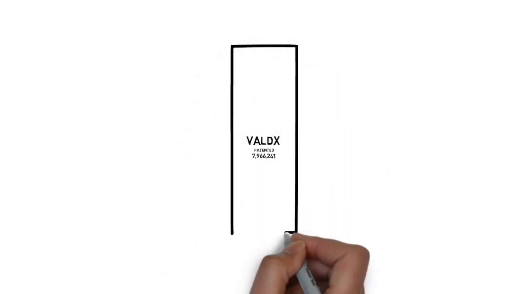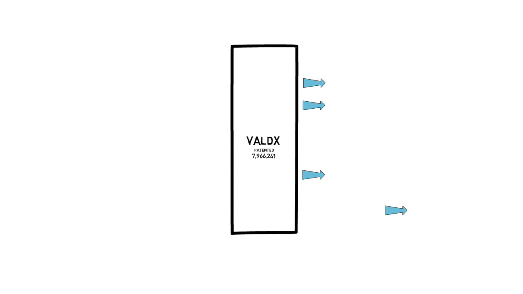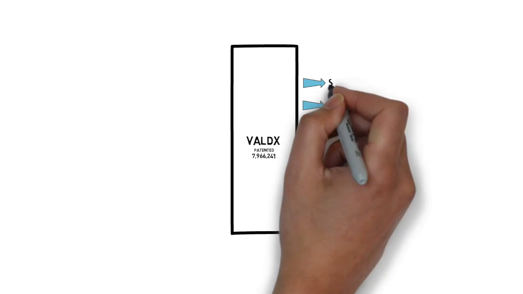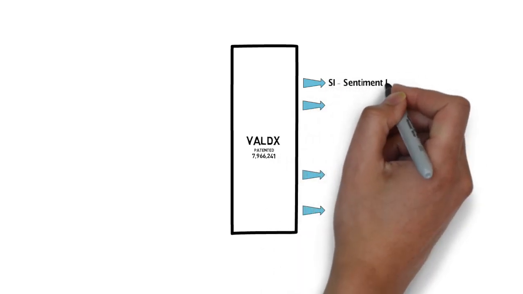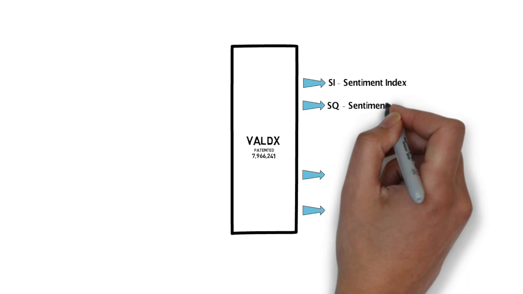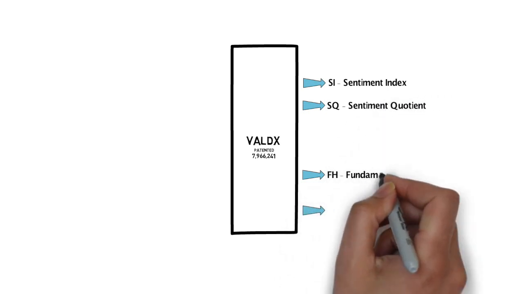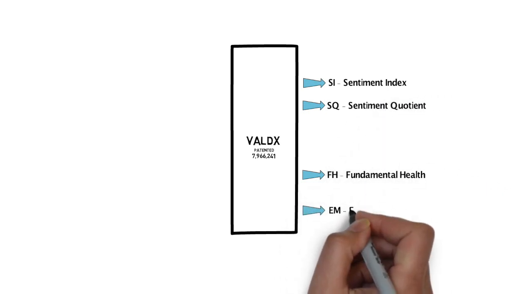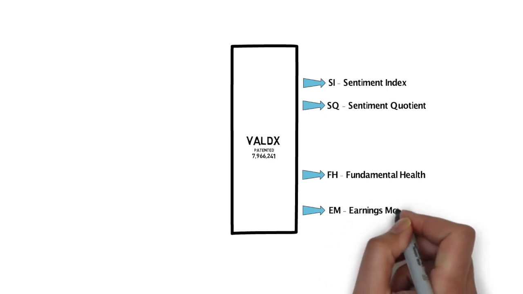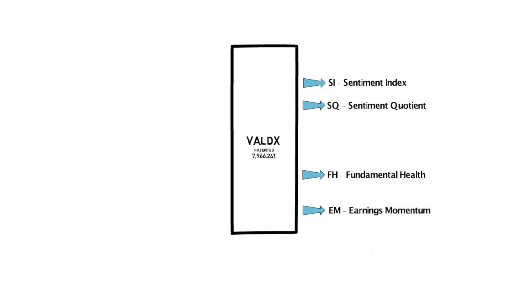Valdex is a patented processing engine that generates daily 4 new variables that can be used to create a variety of portfolio investment strategies. The new variables include SI, a sentiment index, SQ, a sentiment quotient, FH, a fundamental health indicator, and EM, an earnings momentum indicator, all as shown in this diagram.